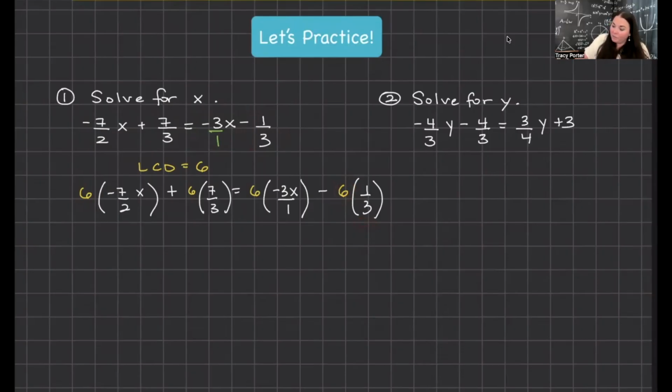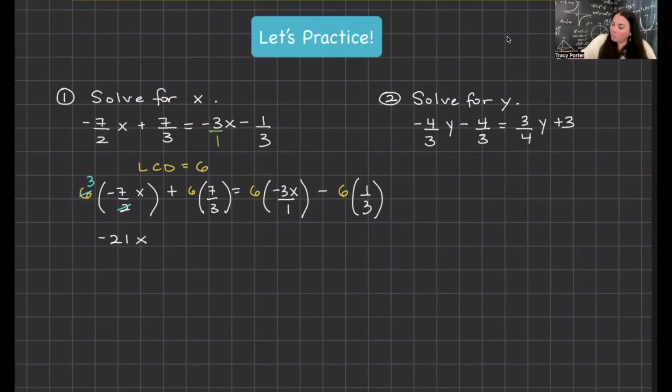When we do this, I like to use my cross-canceling method. You can certainly multiply 6 times -7, get that number, and then divide by 2. Or you can cross-cancel and say 2 will divide into 6, and that gives you 3. Then 3 times the -7 gives you -21x.